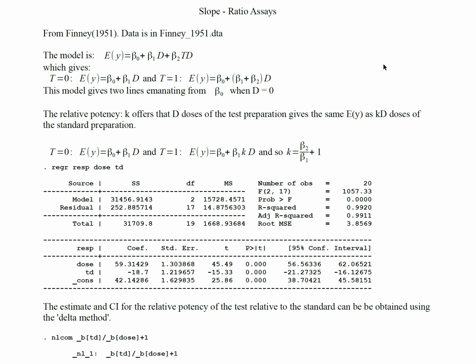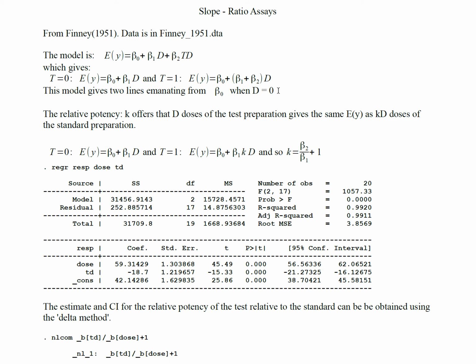And now we're going to get a little more specific here. If in fact we use a model that gives us two lines emanating from dose of 0, in this case, a 0 dose of a test preparation should have the same response as a 0 dose of the standard preparation, right?